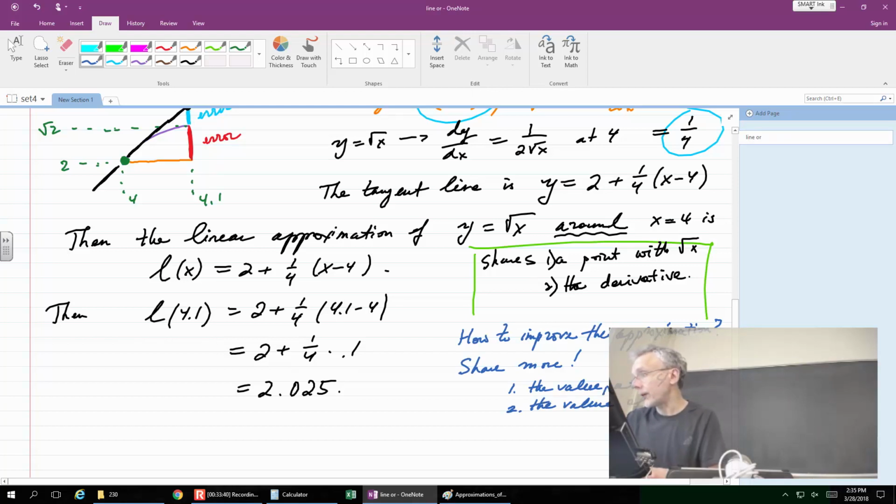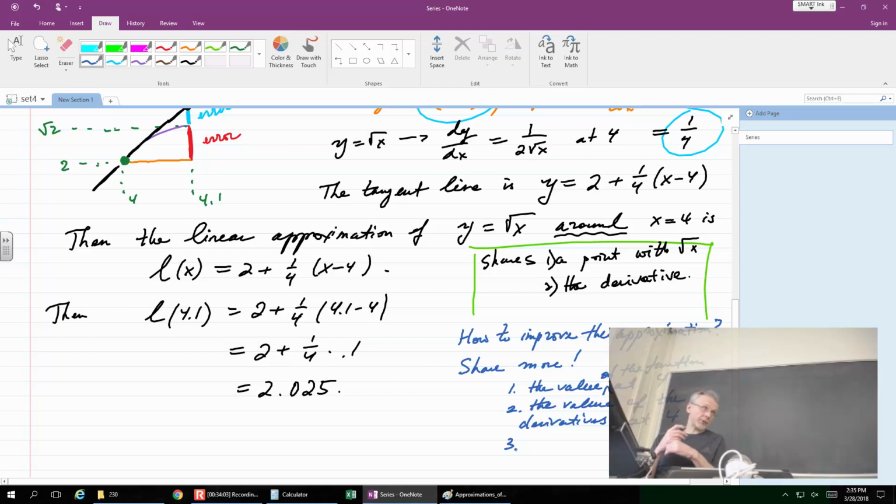So the value of the two functions is the same, and the value of the derivatives is the same at 4. What's next? The value of the function, the value of the derivative, what's next in this hierarchy?